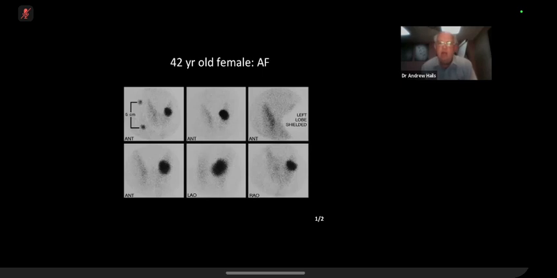So there's a focal area of increased uptake in the left lobe of the thyroid. In a patient with AF, I'd be concerned that this was a focal hot nodule or a toxic nodule, giving them symptoms of hyperthyroidism. That's right. And why is there not very much uptake in the right side?